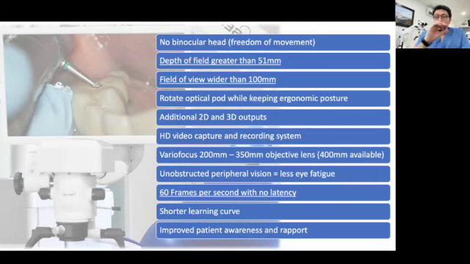Please try to work at the very beginning under the first steps of magnification. If you are going to do a general examination, go for the first step of magnification, which is 4.5x. If you are going to do a preparation for a direct restoration, go for the second or third step.